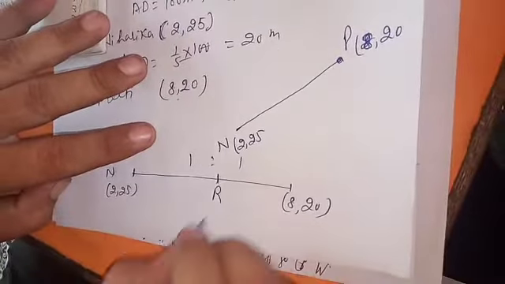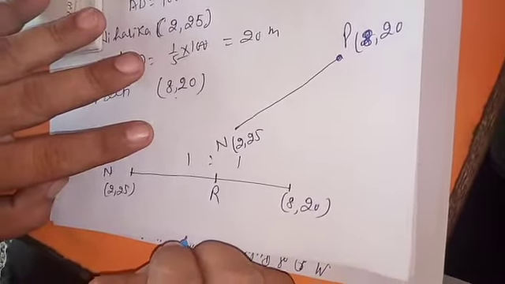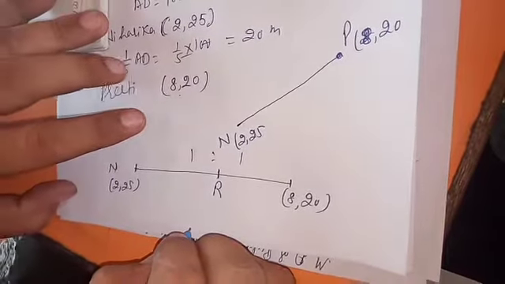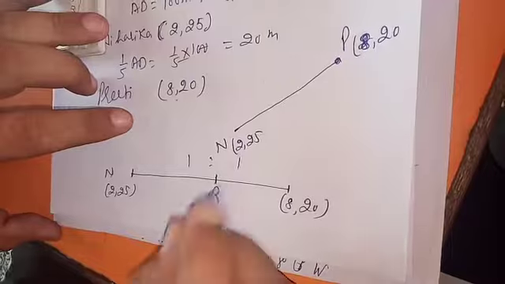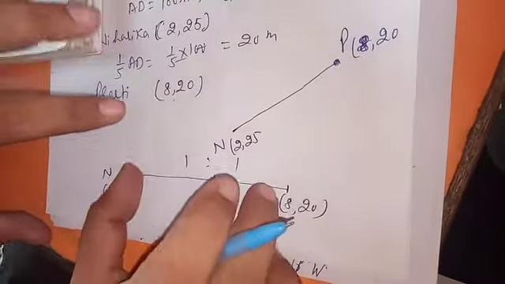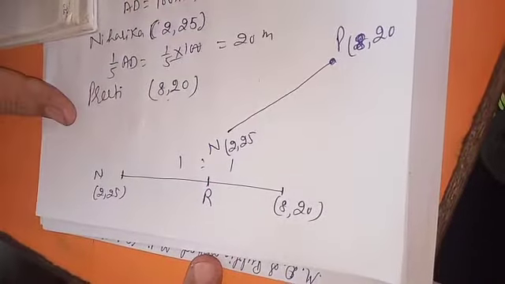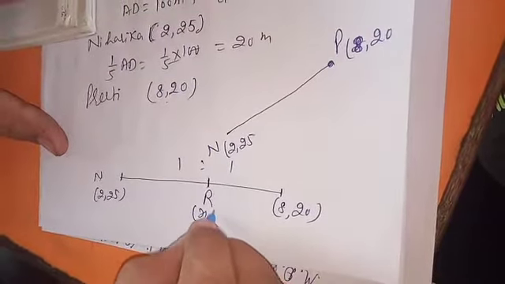Rashmi posts the blue flag exactly halfway between the segment joining them. Where should she post her flag? This divides the line segment in which ratio? 1:1. So let its coordinates be x and y.